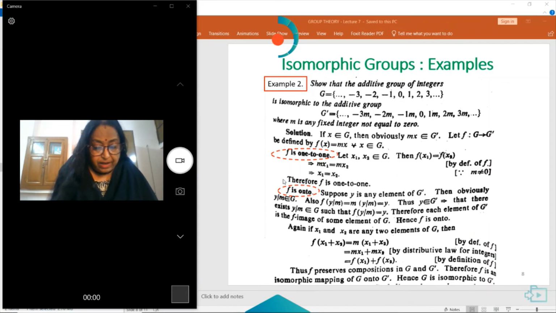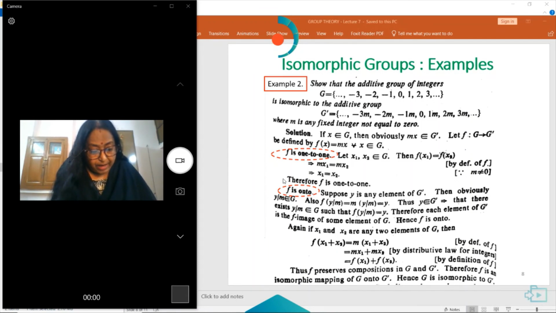F is one-one. Let x1 and x2 belong to G, then f(x1) is equal to f(x2). That is, mx1 is equal to mx2. This implies that x1 is equal to x2. Therefore, f is one-one. Then we have to prove f is onto. Let y belong to G dash.